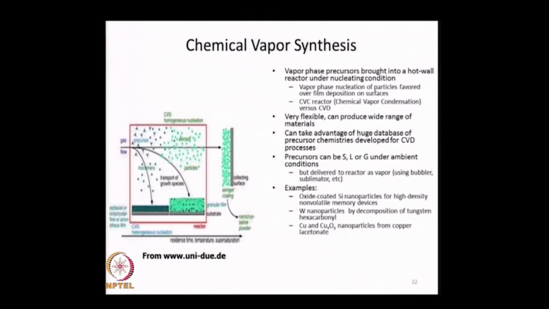You can use bubblers, sublimators, etc. Some examples of nanomaterials that are manufactured using a chemical vapor synthesis reactor are oxide coated silicon nanoparticles, tungsten nanoparticles by decomposing a tungsten compound, and Cu and CuxOy nanoparticles also from a copper compound.